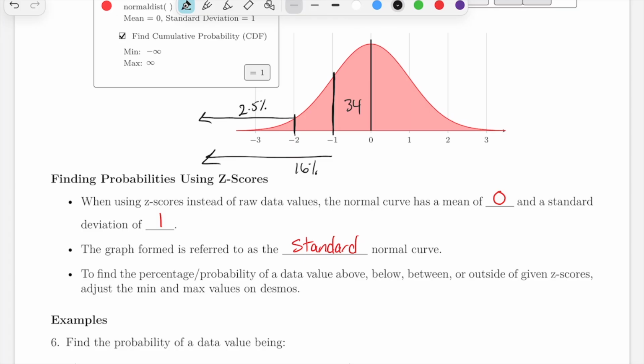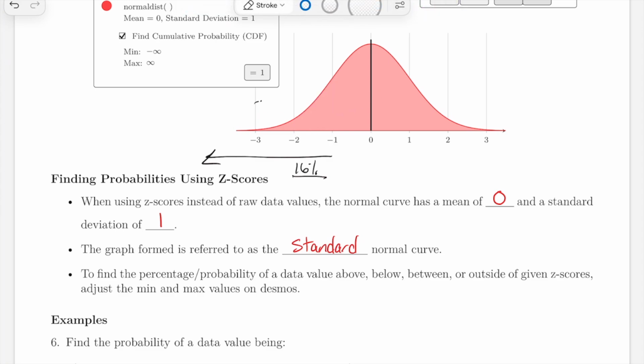But it doesn't work to use proportional reasoning to say, oh, if I was at negative 1.5, I would just be halfway between those, right? That actually doesn't work for this 16% and the 2.5%. That's because you can see the area on this half is definitely not the same as the area on the lower half.